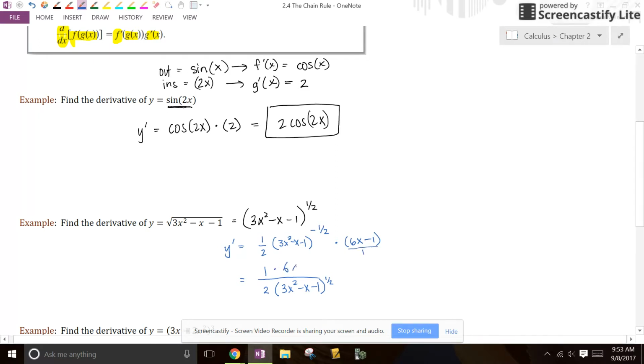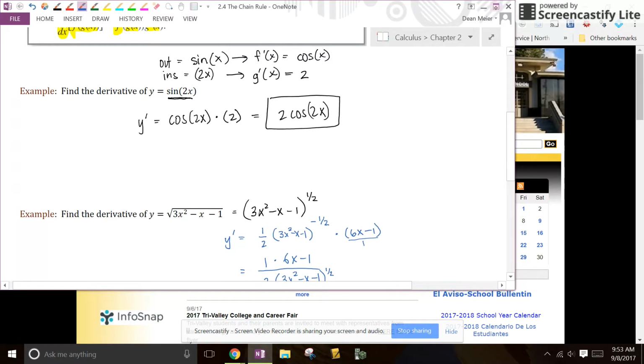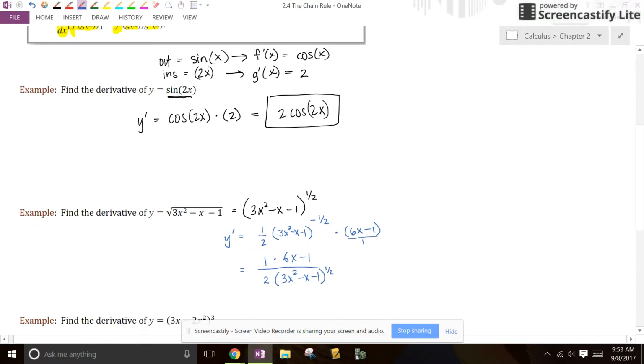So how could I clean this up? I could make this 6x minus 1 over 2 times 3x squared minus x minus 1 to the half. I guess I could have made that a square root. I think I'm feeling pretty good. I think I'd be finished there if I wanted to.